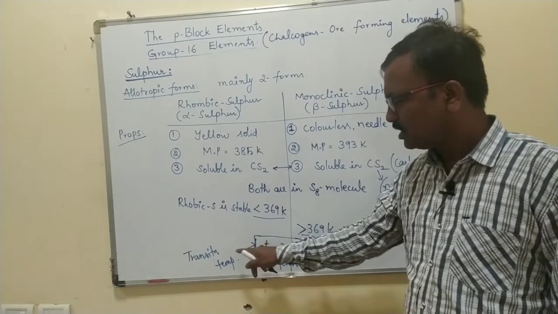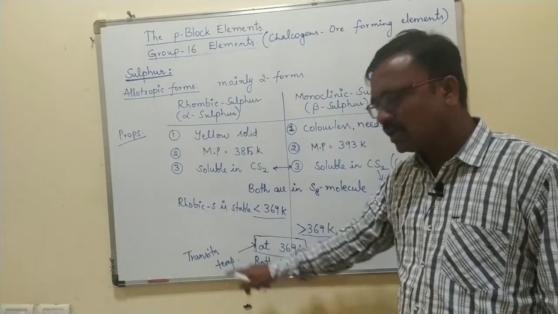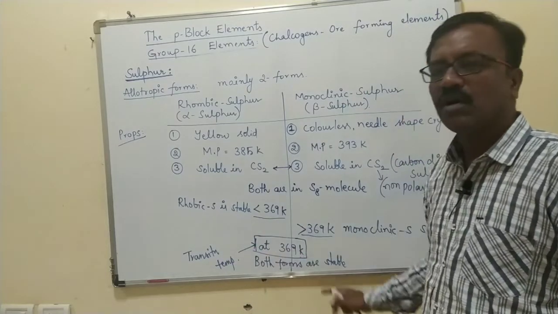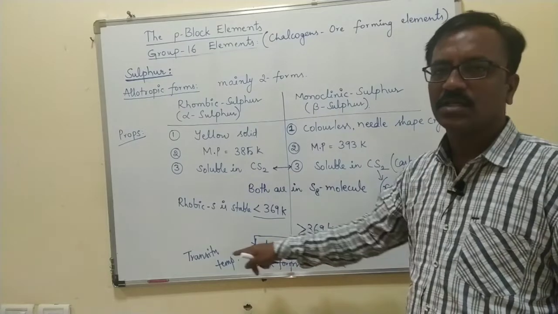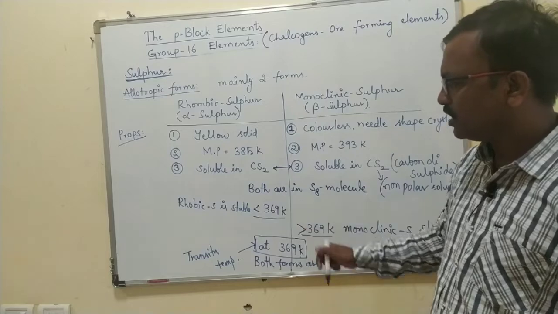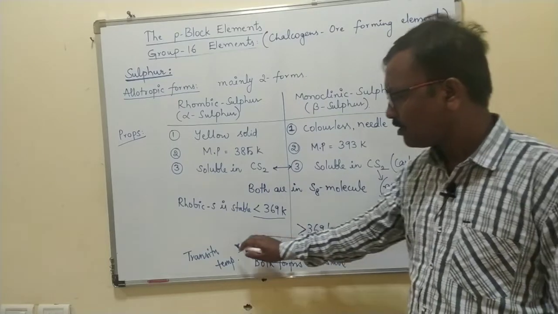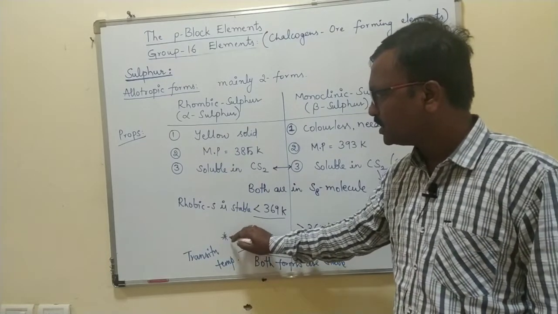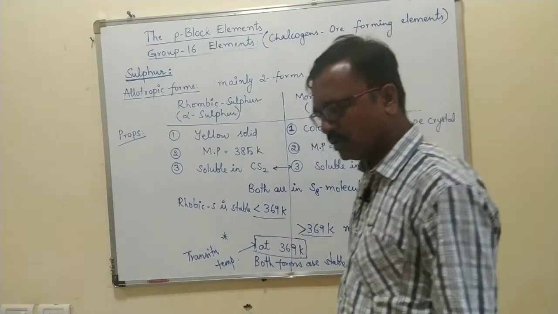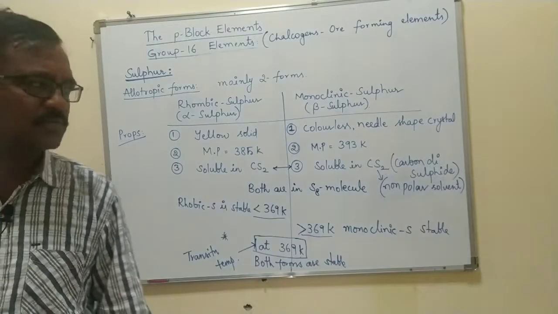The temperature at which both forms are stable is called the transition temperature. These are the properties. The main one is the meaning of transition temperature: the temperature at which both forms are stable.